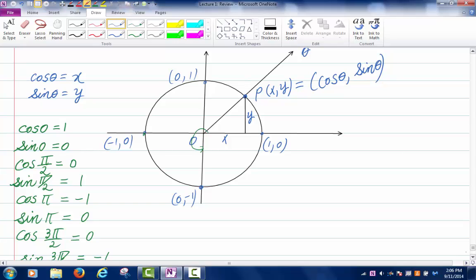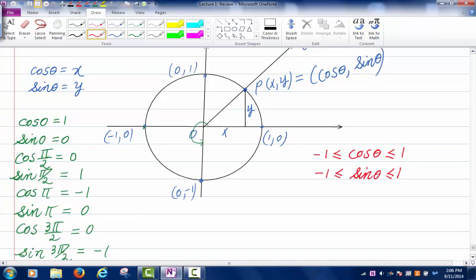So the values of cosine theta would be between -1 to +1, right? How about sine theta? Well, sine theta gives you the second coordinates of the points, and the second coordinates also vary from -1 to 1, right? So you get -1 to 1 for sine theta here. Alright, so that's done.